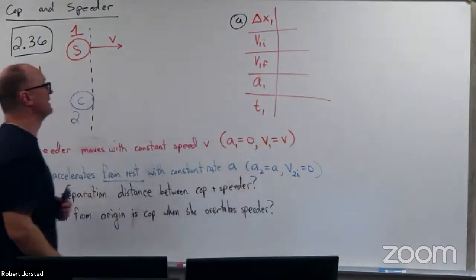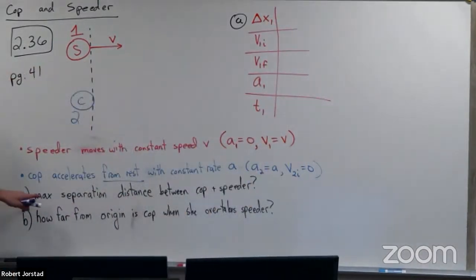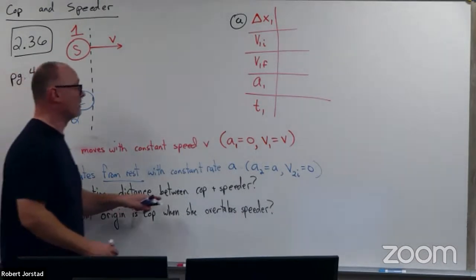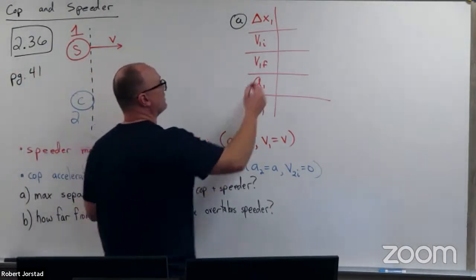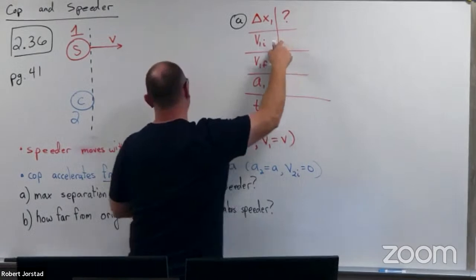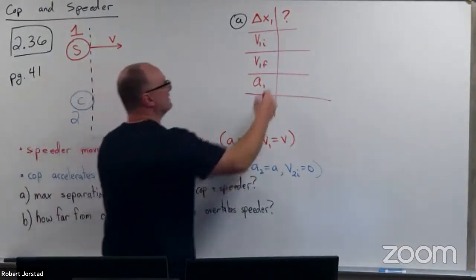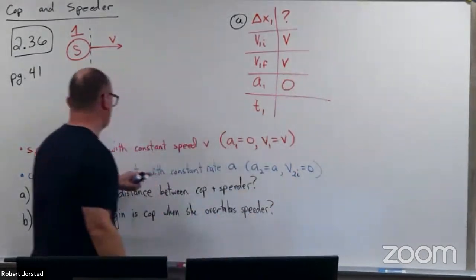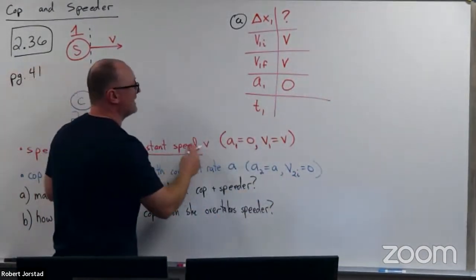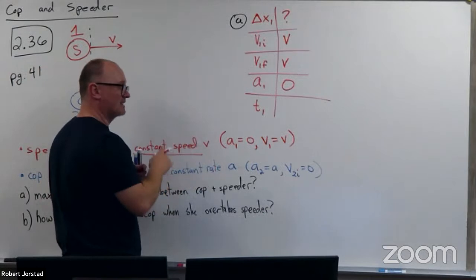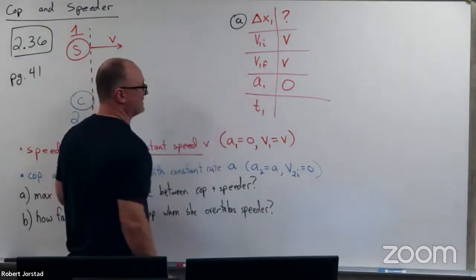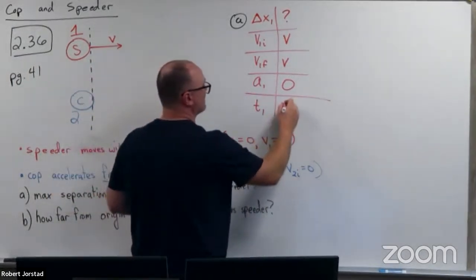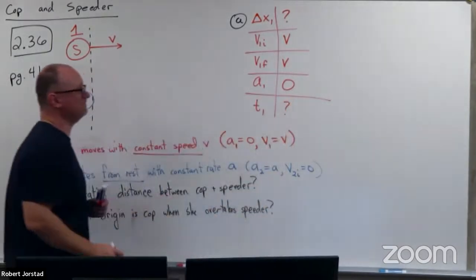In this case, we're looking for max separation distance. The speed is V for both of those, and the acceleration is 0. We're going with constant speed in a straight line, acceleration is 0. Time is unknown.